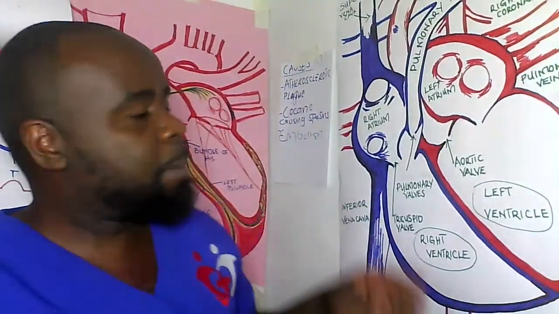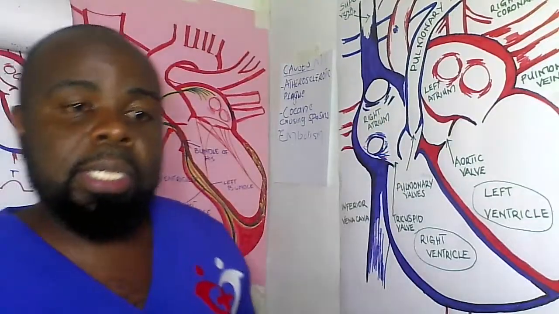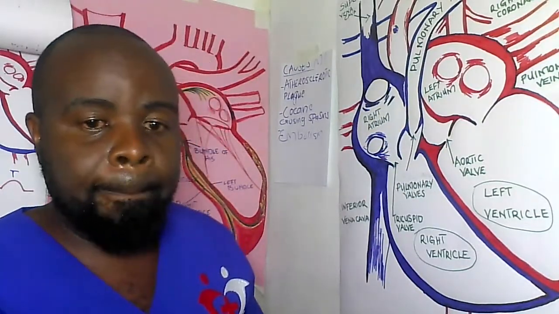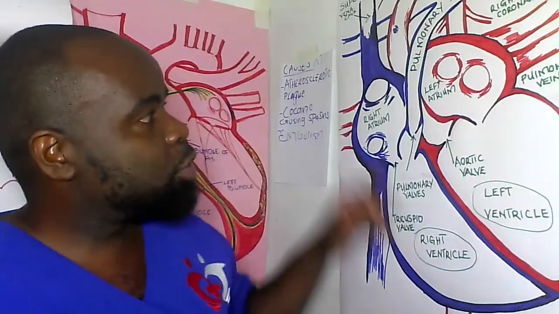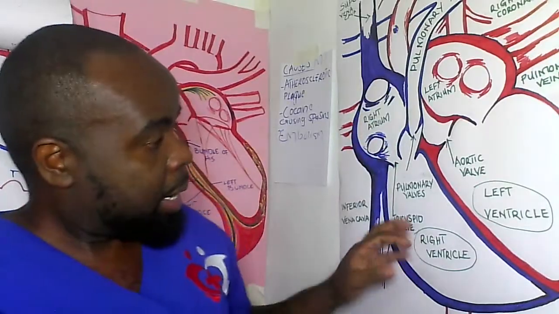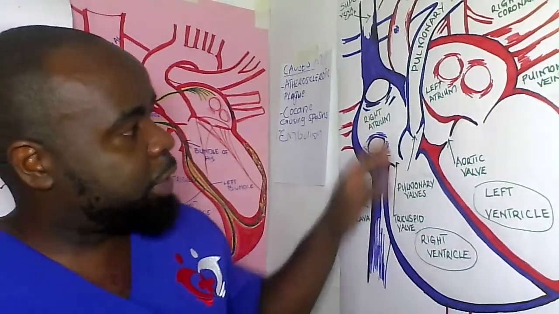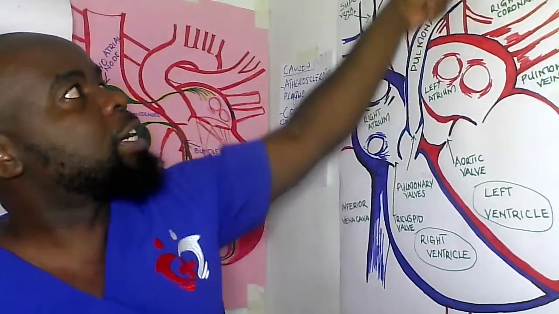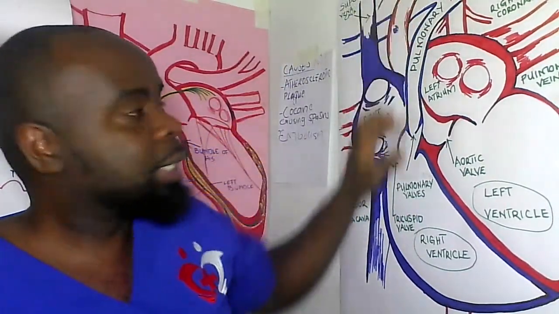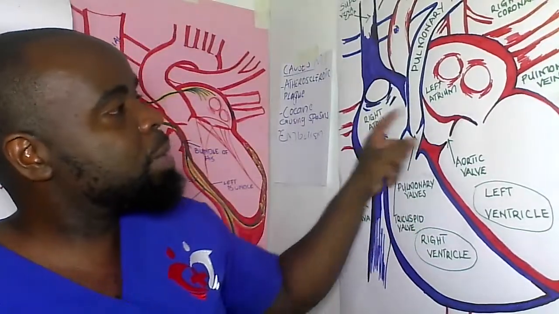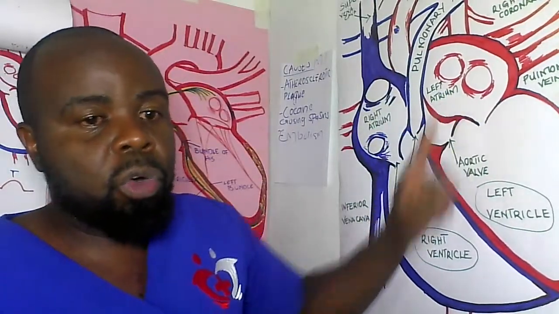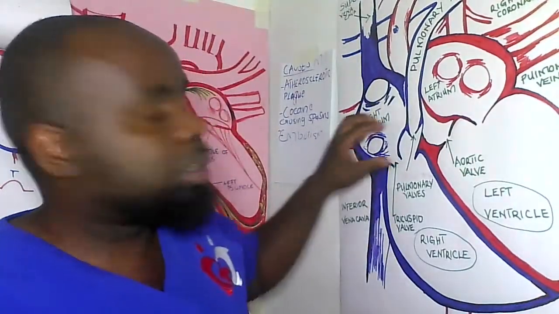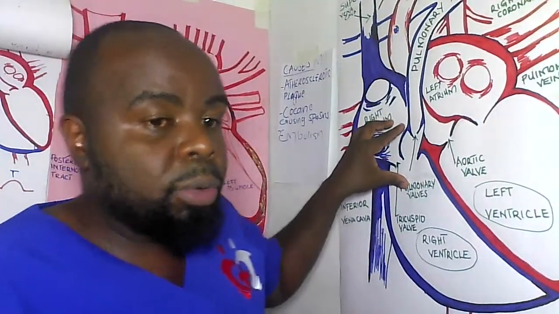As blood is being pushed, in a child who has a hole that has not closed, some of it goes to the pulmonary artery to the lungs, and some of it goes back to the left atrium. So oxygenated blood that is coming in is mixing with deoxygenated blood through the foramen ovale.